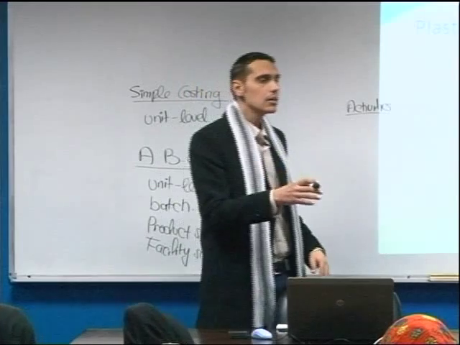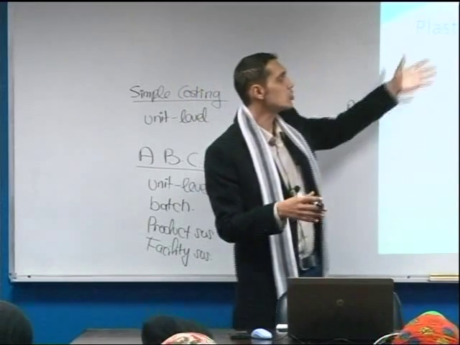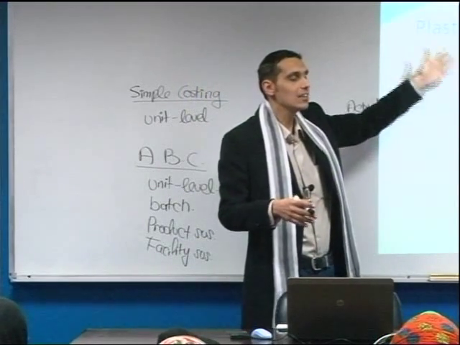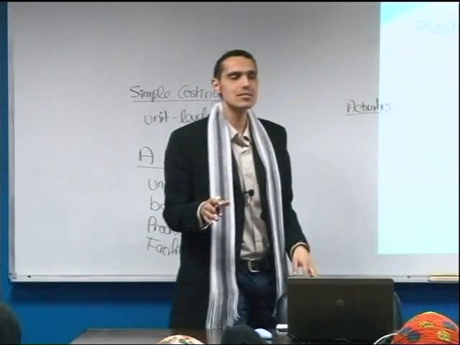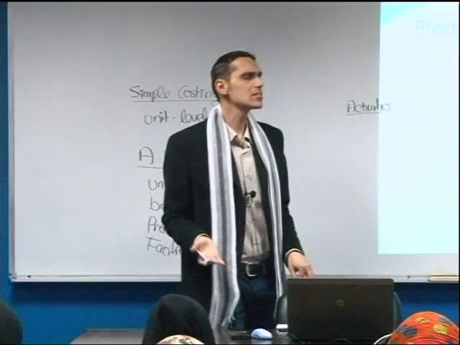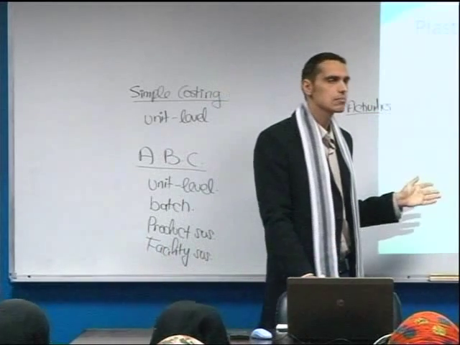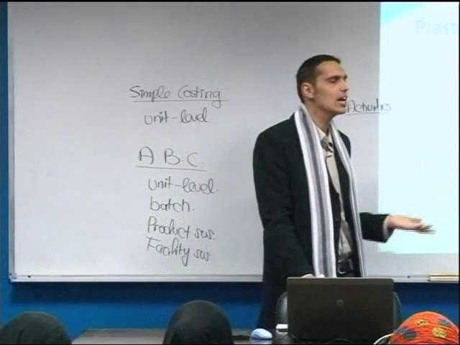Therefore, as we can see here, the method of this costing system, the activity-based costing system, is the same as the simple costing system. It is the same steps. The method did not change.